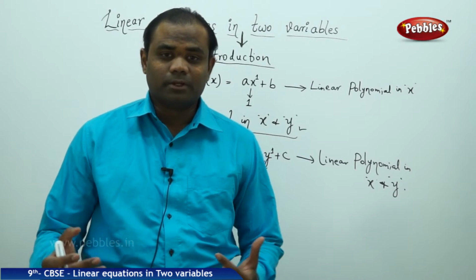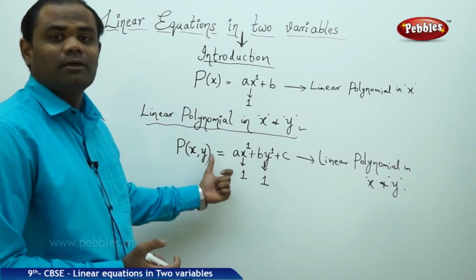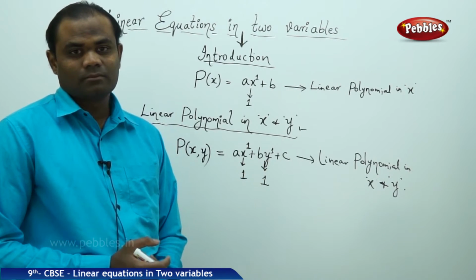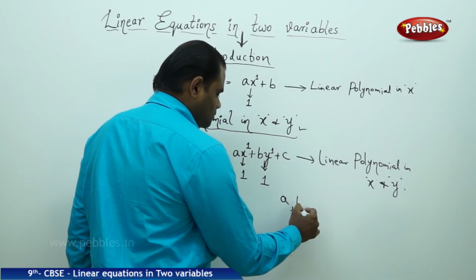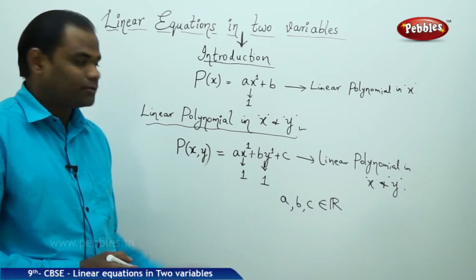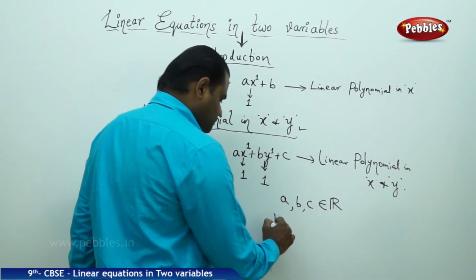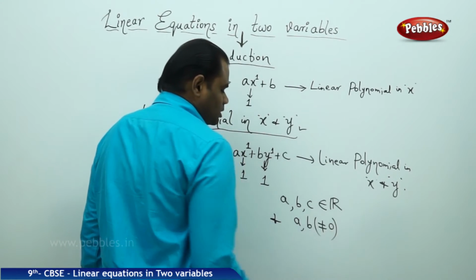A linear polynomial in x and y is defined to be p of x comma y equals ax plus by plus c, provided the condition a, b, c belong to real numbers. The three constants or the coefficients must be real numbers, and the rule 2 being a and b should not be equal to 0.